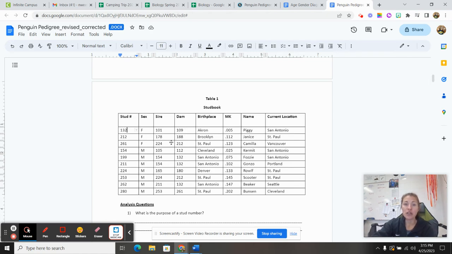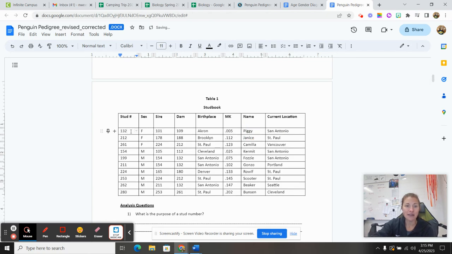Okay. So if we're looking at this, for example, in this book, Piggy is stud number 132. If I look over here in the dams, I see number 132. So that means that Piggy is Beaker's mom. And I see 132 in these two as well. Piggy is also the mom of Fozzie and Gonzo. Okay, so I can look through and I can start to make my pedigree based off of this information.